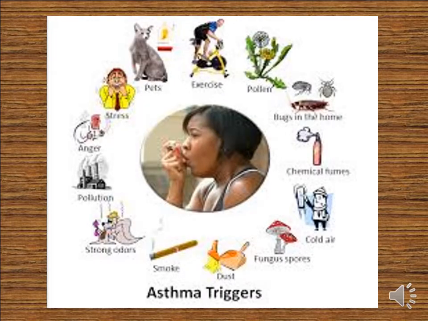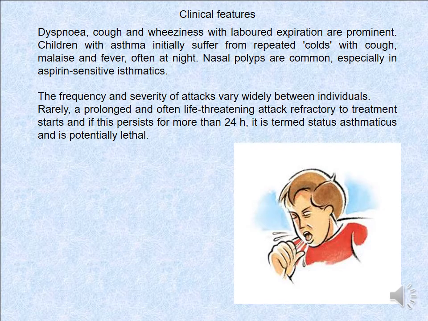This is the allergic type, and there are many allergens in the world that enter the trachea and lead to asthma. The clinical features of asthma: first dyspnea, cough, wheezing, and labored expiration are prominent. Children with asthma initially suffer from repeated colds with cough.